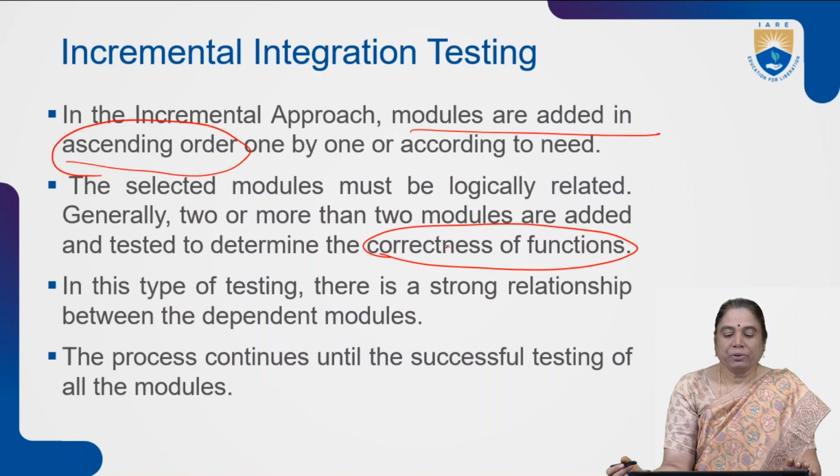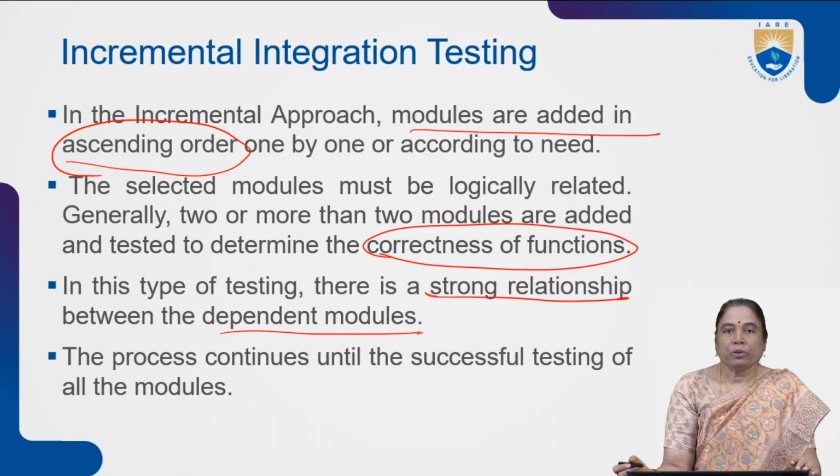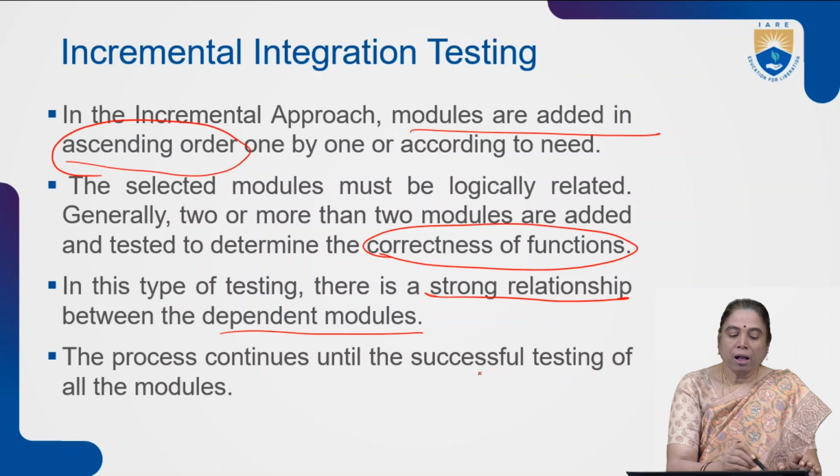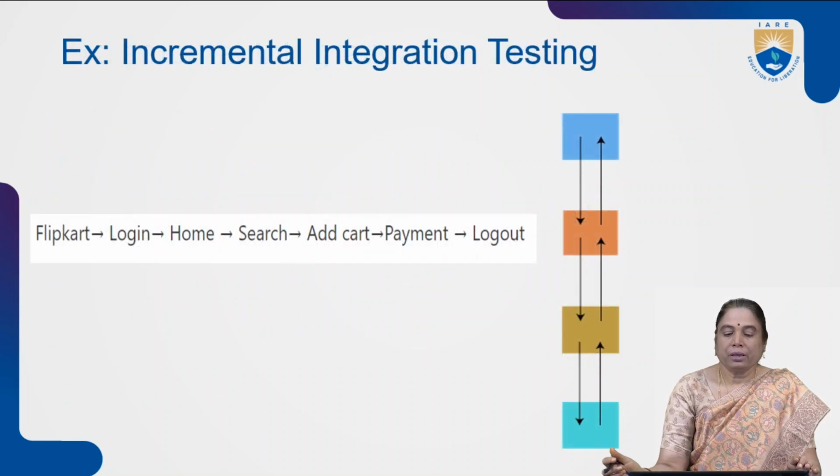In this type of testing, there is a strong relationship between the dependent modules. The process continues until all the modules are successfully tested. In integration testing, all the modules can be added in ascending order or according to the need.